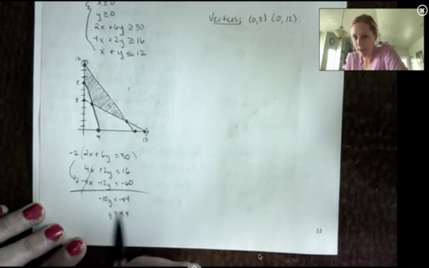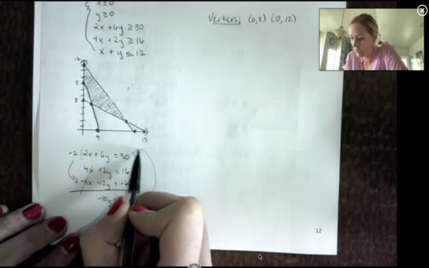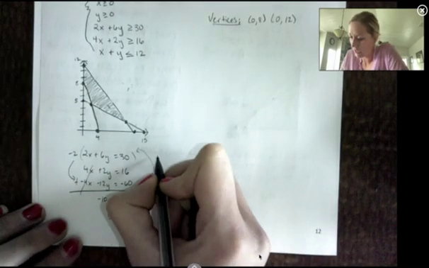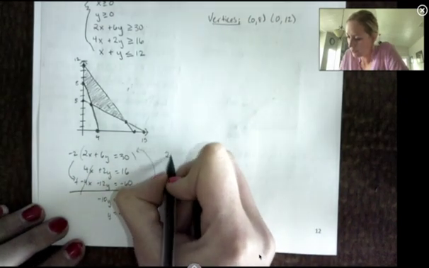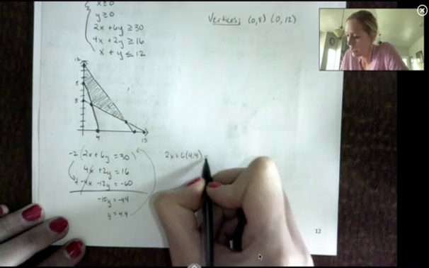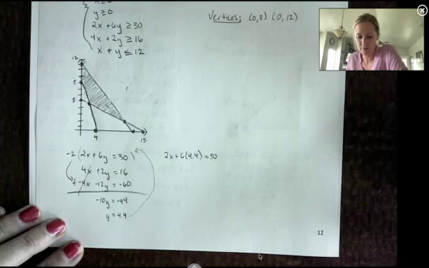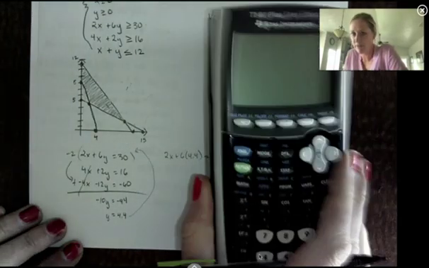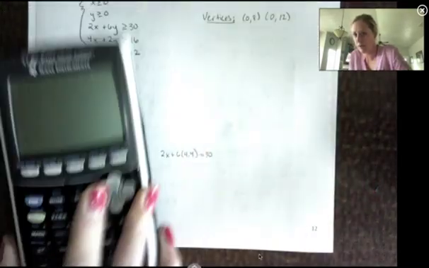Okay, we need to plug that back in here. So I'm going to get 2x plus 6 times 4.4 equals 30. If I solve that for x, I'm just going to do those steps on my calculator here, you guys.